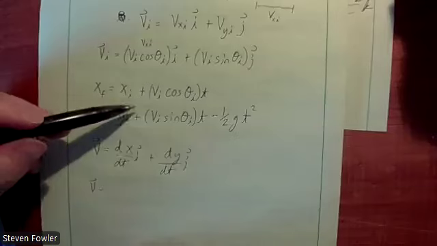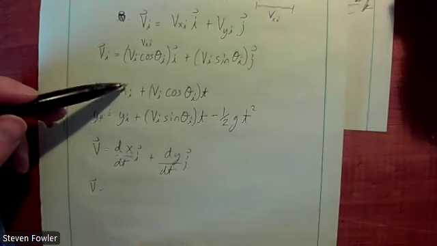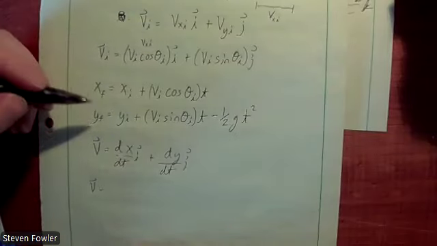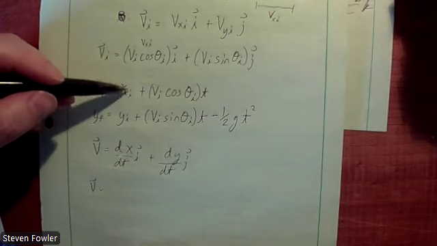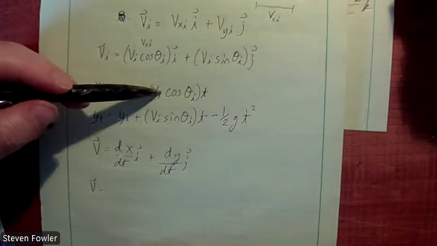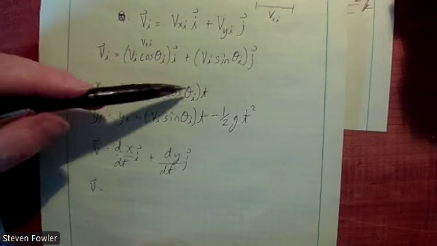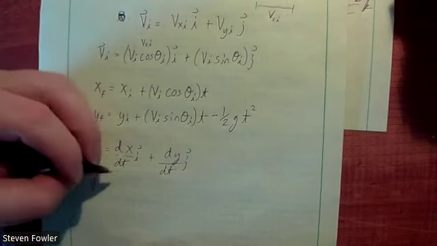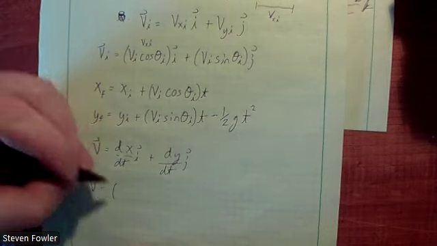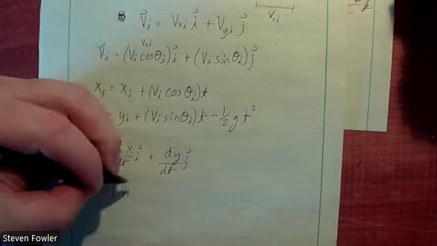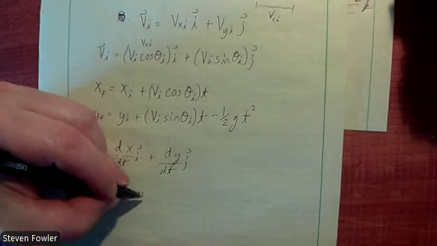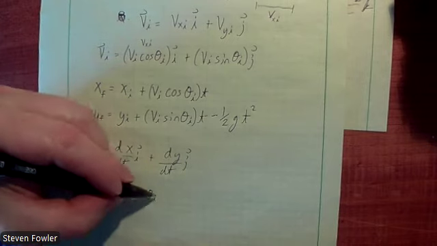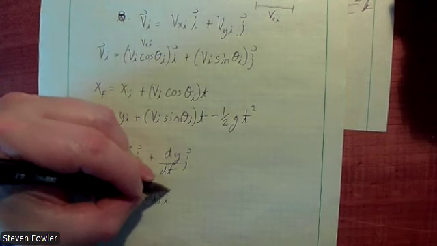If I take the derivative of this x expression here, well, the initial x is a constant, so it's going to be 0. So it's 0 plus the derivative of this. Well, I've got this times t. So the velocity in the x direction then ends up being Vi cosine theta I, and that's in the i direction.